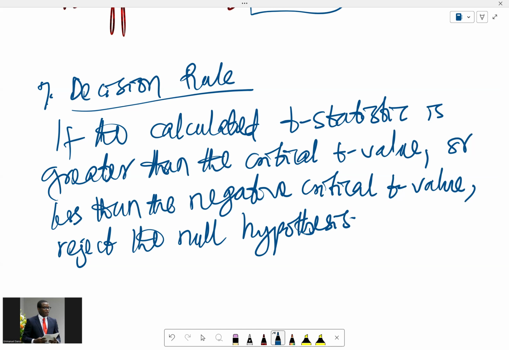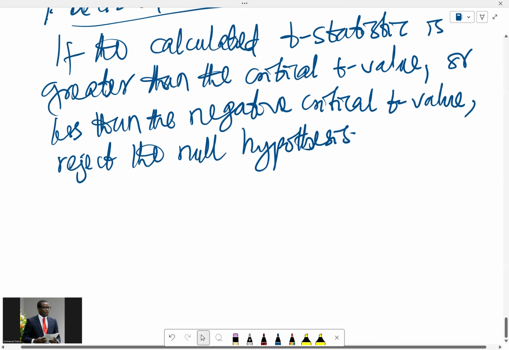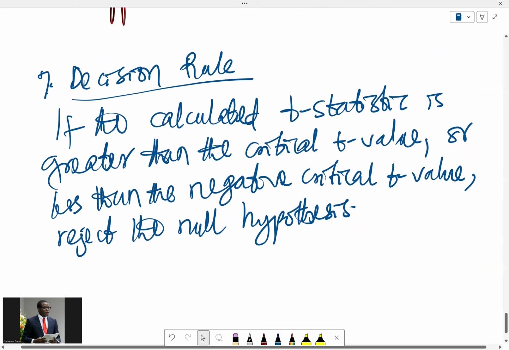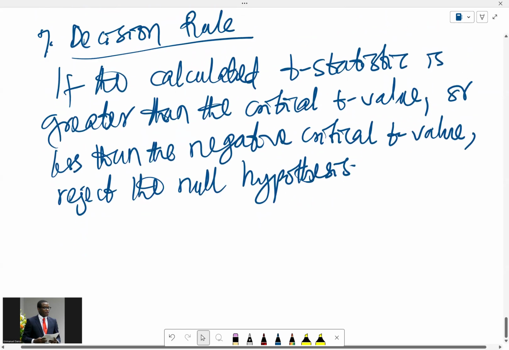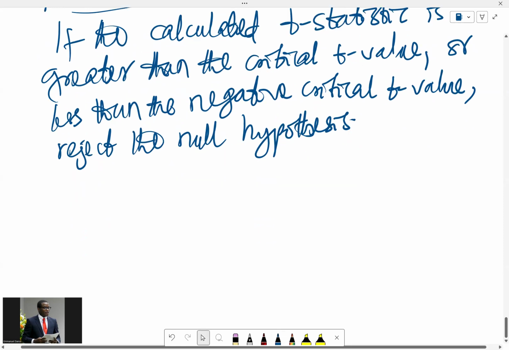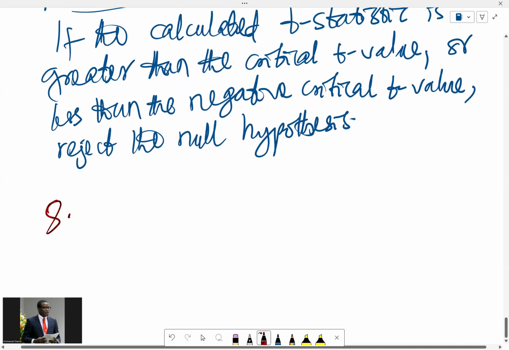So once what you calculate is greater than the critical value, then you have to reject the null hypothesis. But if it is less, then you accept. Or what we say on the other hand is you fail to reject.